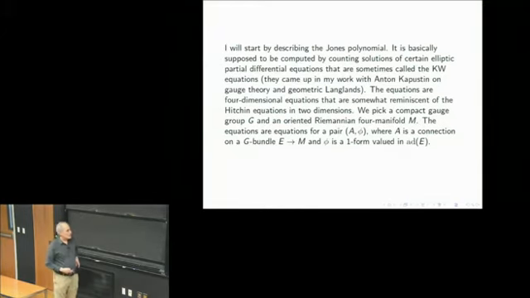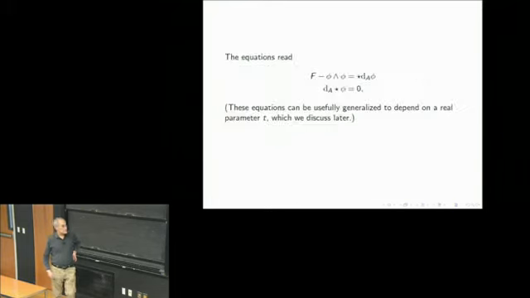So we pick a compact gauge group and an oriented Riemannian 4-manifold M. And we write equations for a pair A and phi, where A is a connection on a G bundle over M, and phi is a 1-form valued in the corresponding adjoint bundle. And here are the equations. I've just written them down so that you can see that they're very explicit, manifestly invariant PDEs.